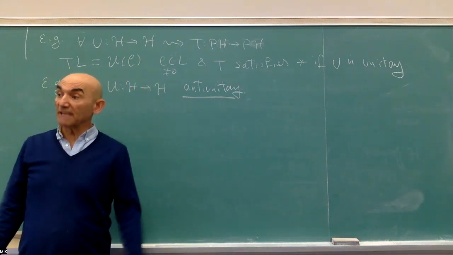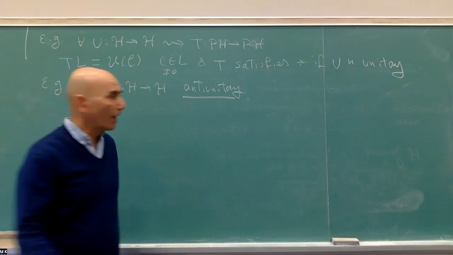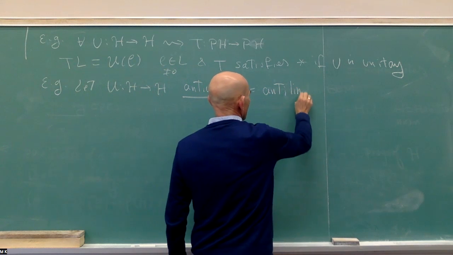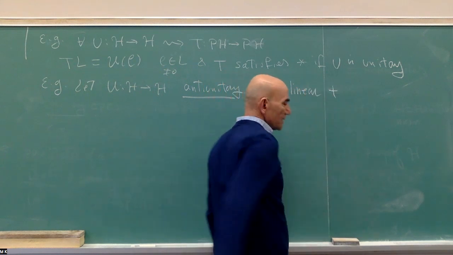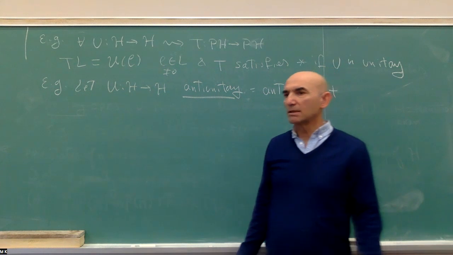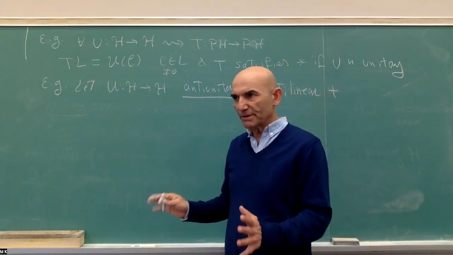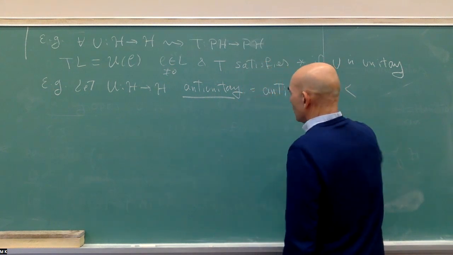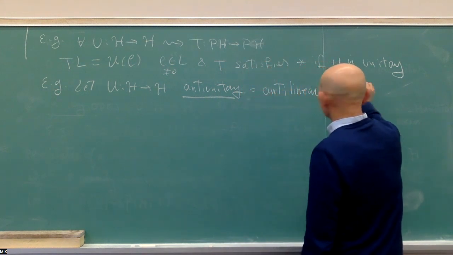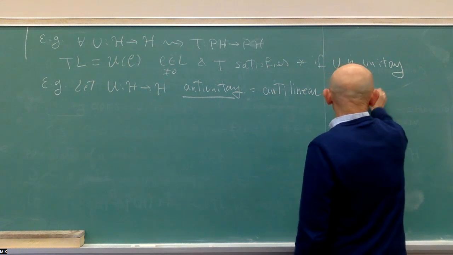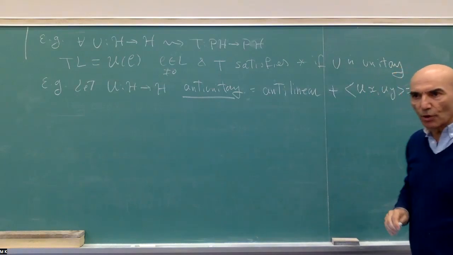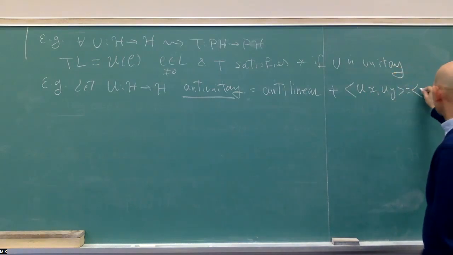Anti-unitary means that first of all it's anti-linear, plus there is this condition that it essentially preserves the inner product, but by conjugation. So the inner product of U of X and U of Y is equal to the complex conjugate of the inner product of X and Y.